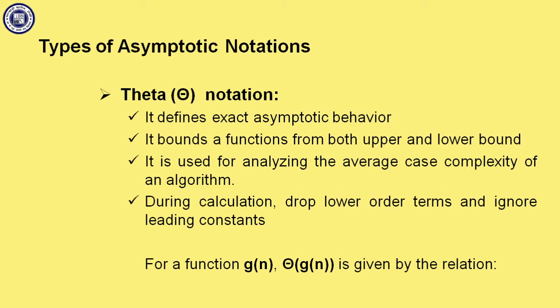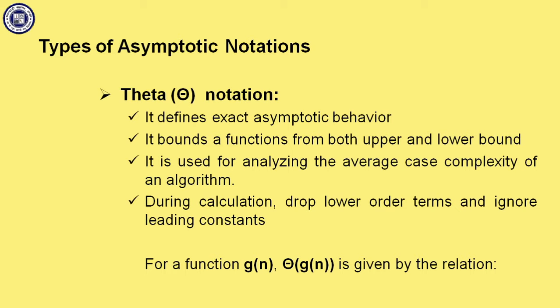The upper and lower bound signify the maximum growth as well as the minimum growth for a given algorithm with respect to a given time interval and a given number of elements or problem size. Since it considers both the upper as well as the lower bound, it is used for analyzing the average case complexity level of an algorithm.